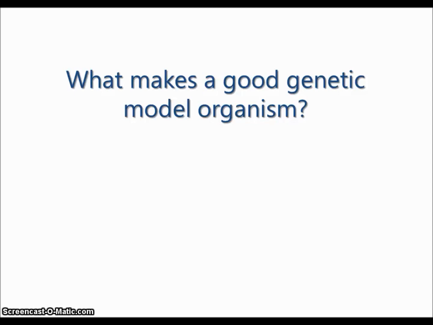So one other basic of genetics is understanding what makes a good genetic model organism. And this is, again, probably going to be review. You probably already know that good model organisms are easy to rear in the lab. They have large family sizes. They have short generation times.